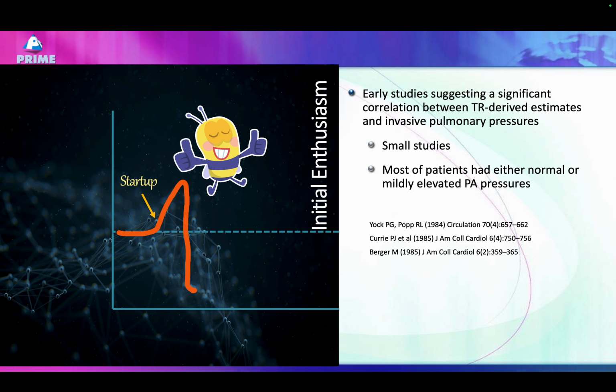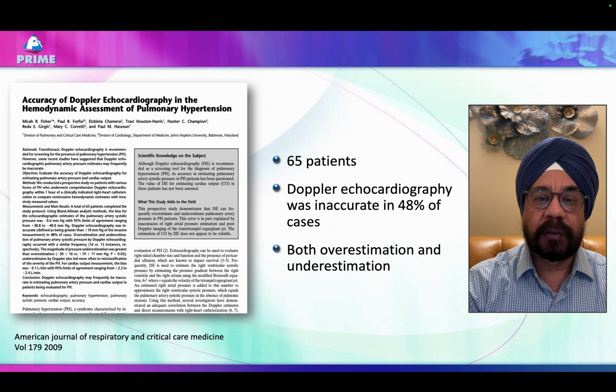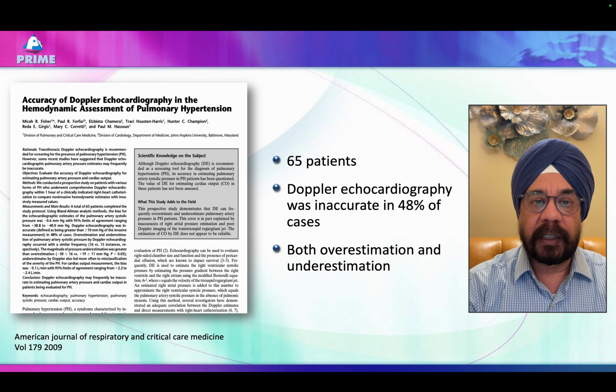So these were the studies, and that gave us a lot of enthusiasm, and this enthusiasm was immediately blunted when we saw the PA pressure correlation with the invasive PA pressure by catheterization.